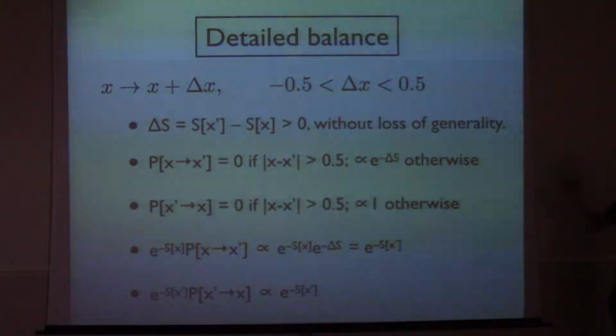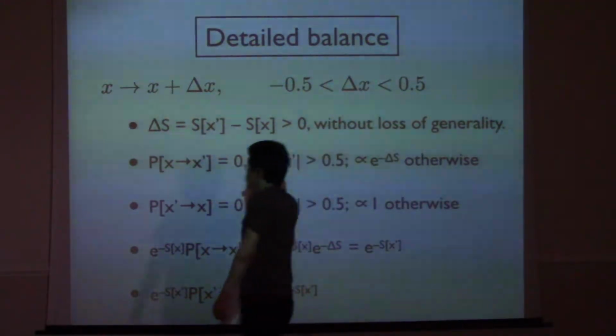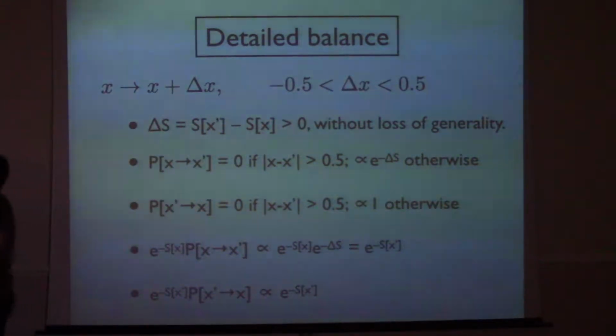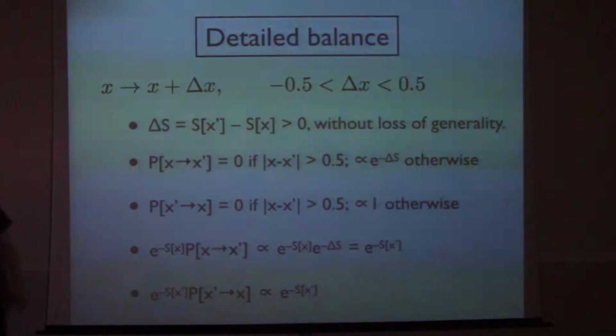And 0 equals 0. So for them, of course, if the difference is big, the detailed balance condition is automatically satisfied, 0 equals 0. Okay. And if our difference is smaller than 0.5, what happens?